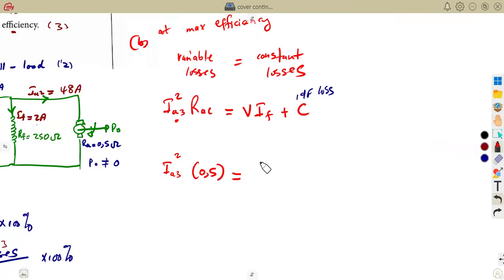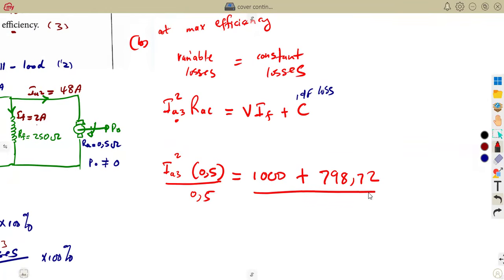But these ones, guys, we calculated this was 1000 and the iron, friction and windage losses was 798.72. So that's it. Add these two, divide by 0.5 because that 0.5 is under a multiplication. So you can divide by this one. So just add those two. Then you divide by 0.5.